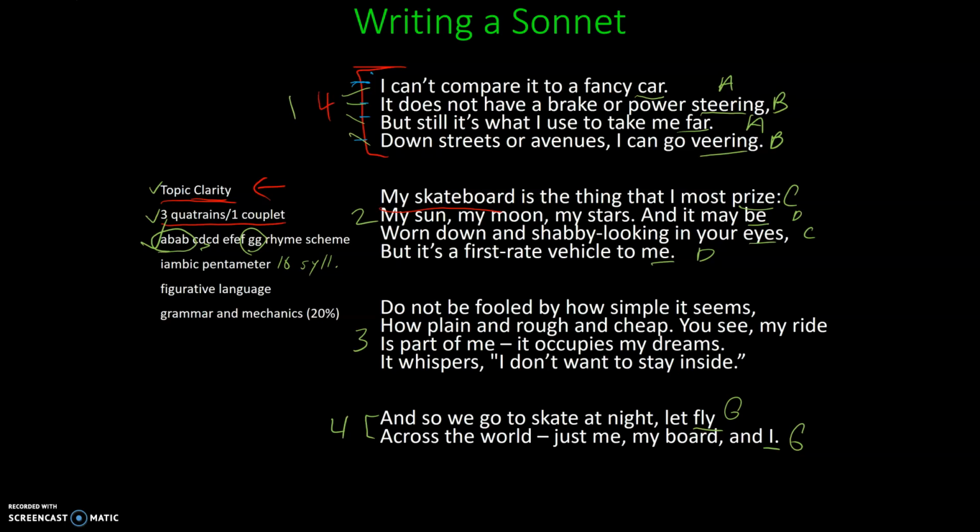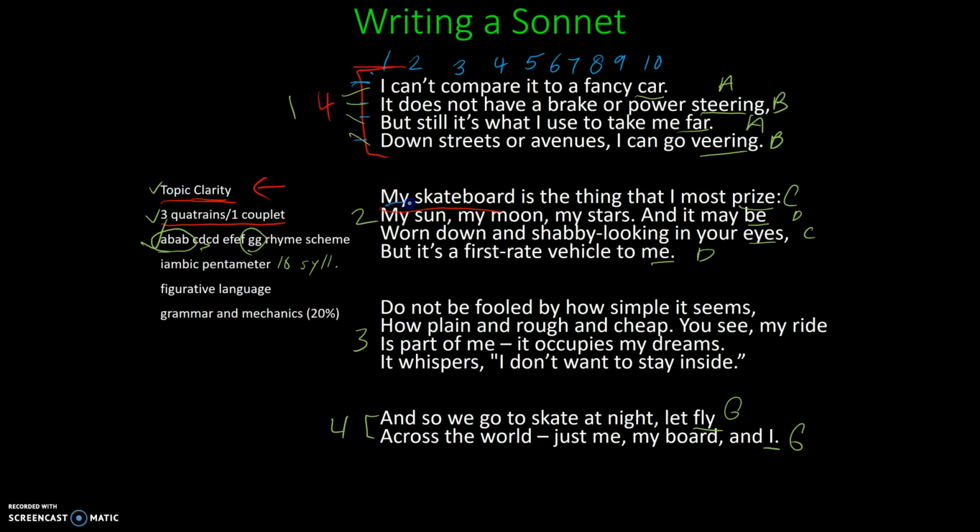It to a fancy car, right? So that's 1, 2, 3, 4, 5, 6, 7, fancy car. 10 syllables. For now, that's the thing that you want to make sure you're doing.